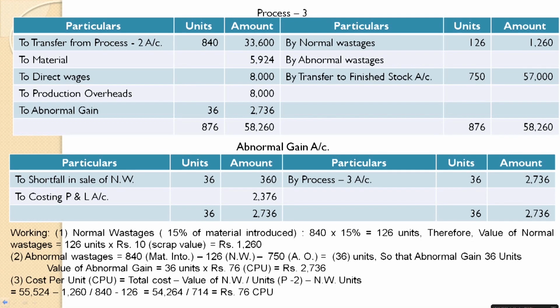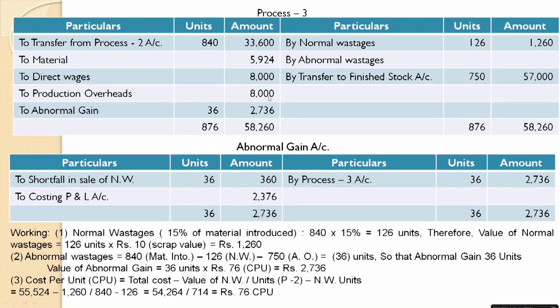Now see the last line, total amount of expenditures incurred. Listen, when you are making a total here, you do not consider the abnormal value, because the solution is already given and the abnormal gain value we will determine separately. When you make a total of the expenditure side or debit side, it comes to 55,524: 33,600, 5,924, 8,000, 8,000.